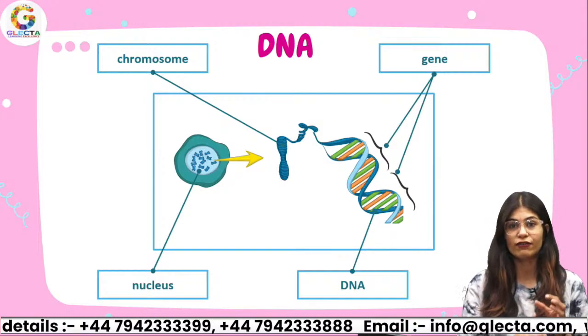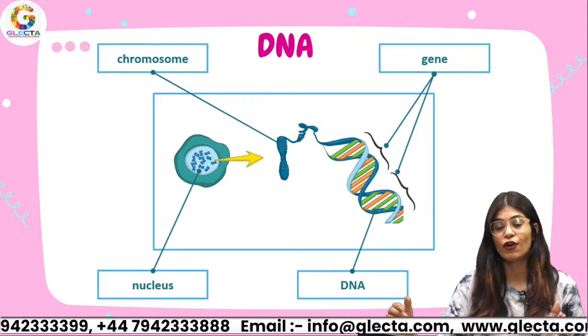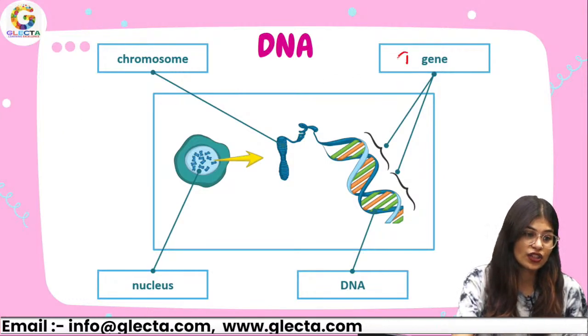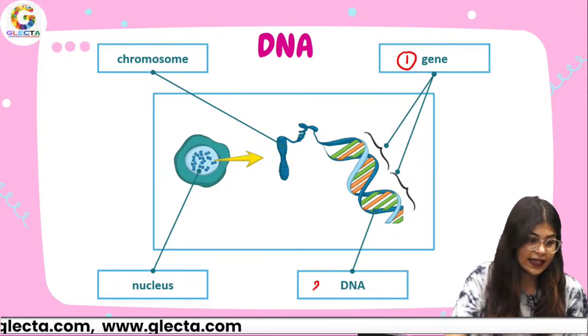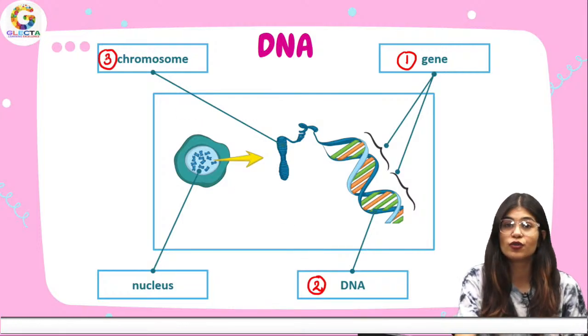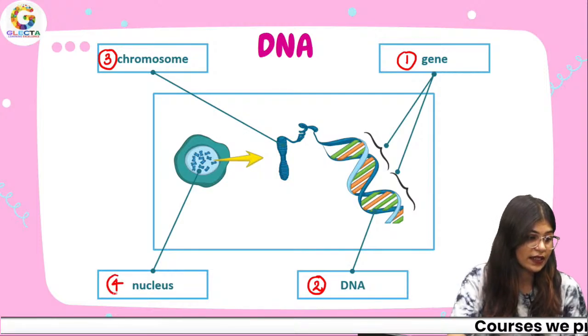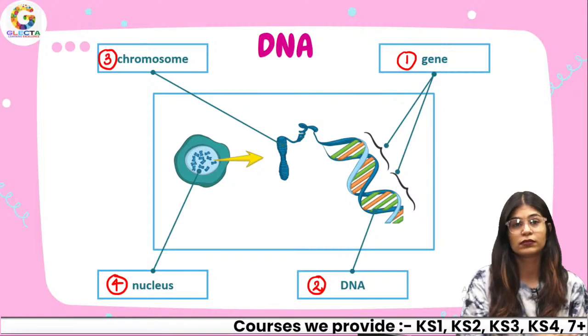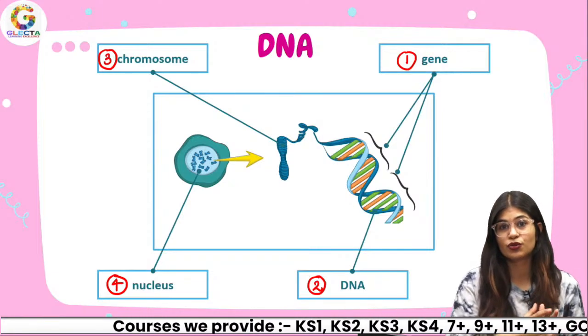And now if you have to label them in order of their sizes, the smallest one is the gene, then the second one would be DNA, chromosome is the third one, and the nucleus is the fourth one. So this is how you can go from the genes to the DNA.